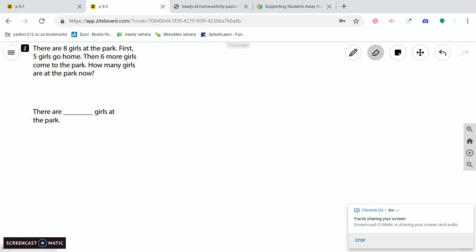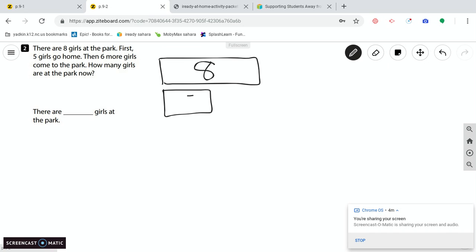So I'm going to do this in a couple of different bar models this time. There are 8 girls at the park. First, 5 girls go home. Well, second graders, we know if they go home, then we are subtracting them. So let's think about our part-whole diagram here. What would our question mark be?